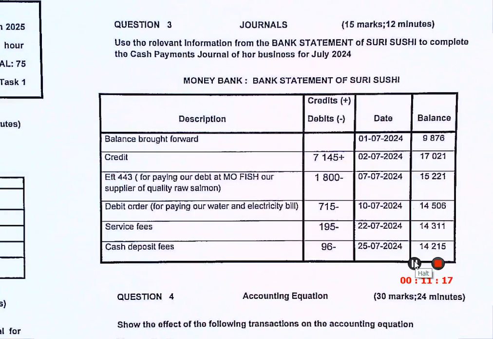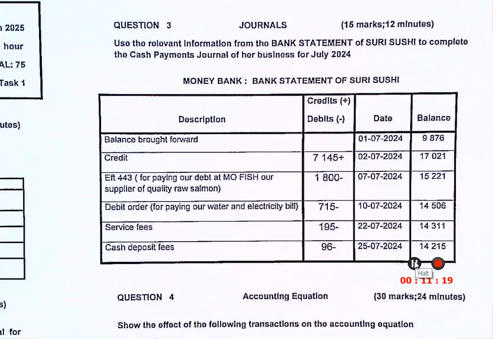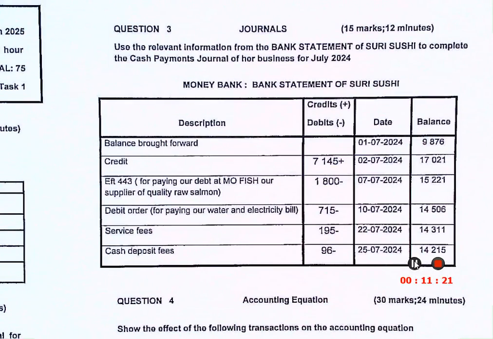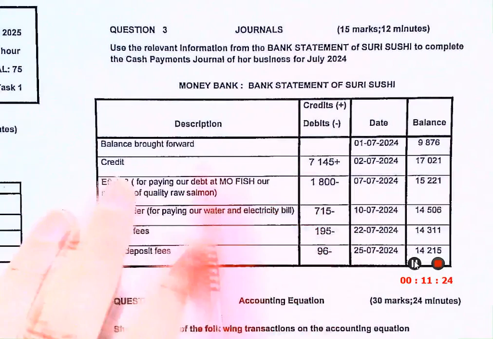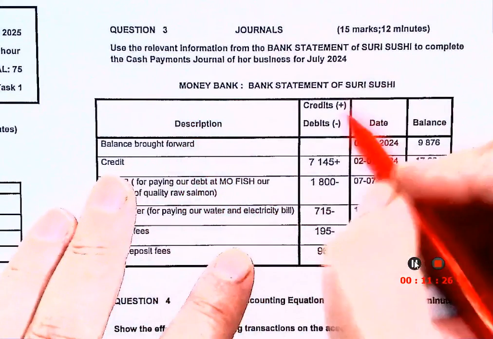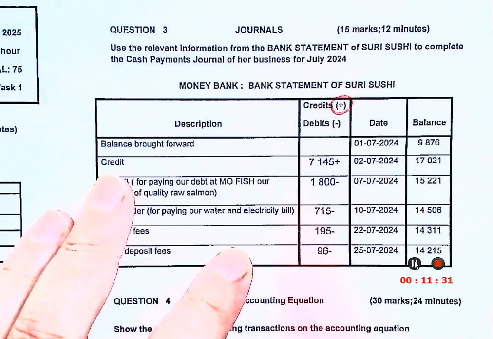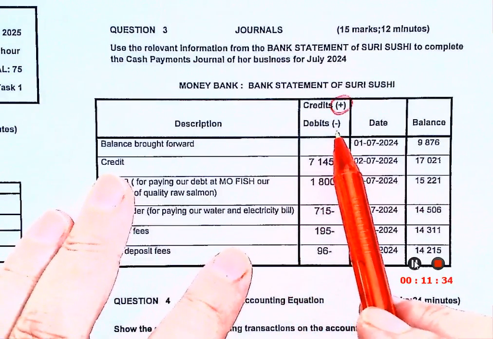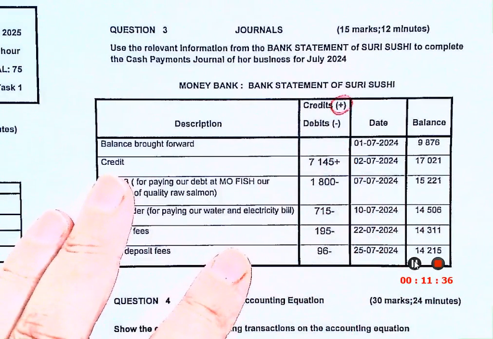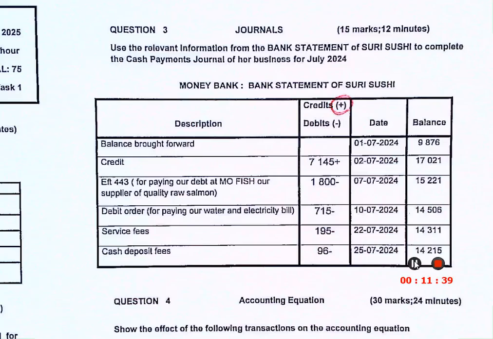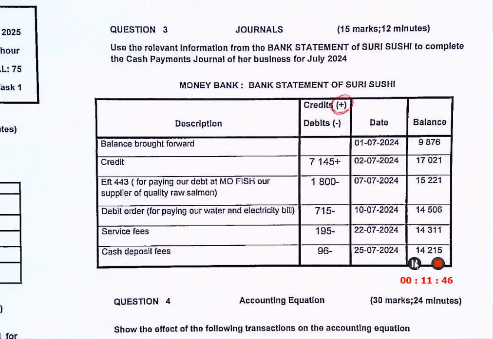So now what's the first thing you know about your bank statement? You know that credits is positive and debits is negative. Second thing you've learned since grade 8 is that credits in the bank statement is in your books the CRJ.